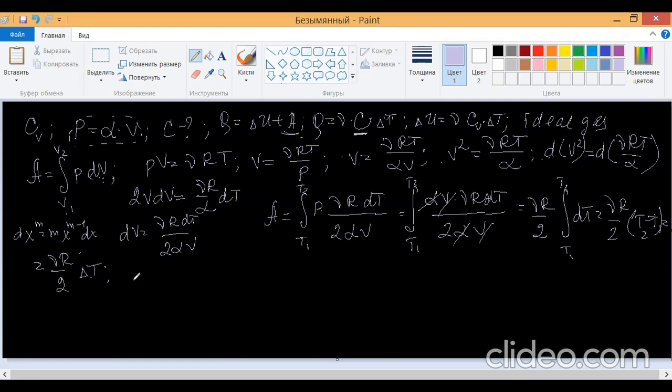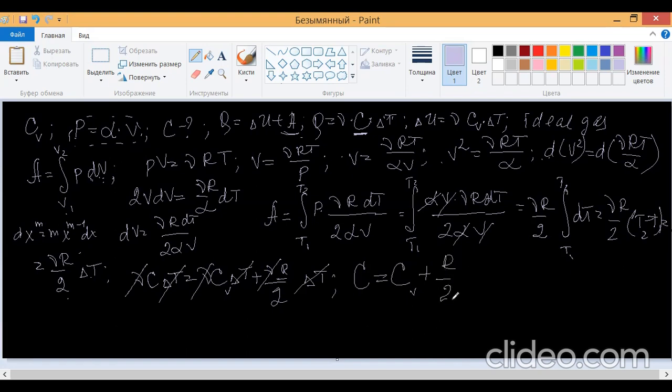Instead of Q, we write nu times C times delta T equals, instead of delta U, we write nu C with index V delta T. Instead of A, we write what we have just derived, nu R over 2 times delta T. So nu goes, delta T goes as well, and finally we've got C is equal to C with index V plus R over 2.